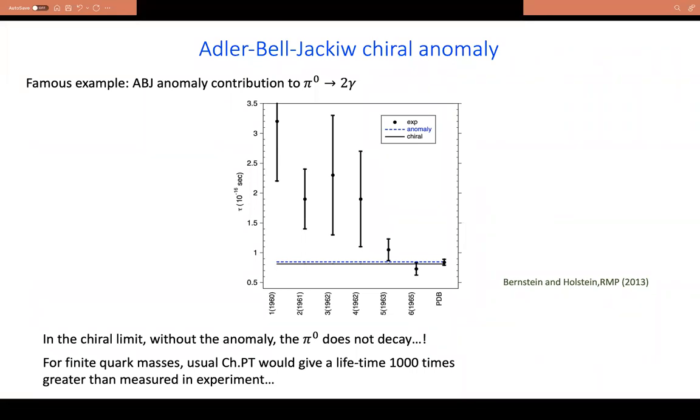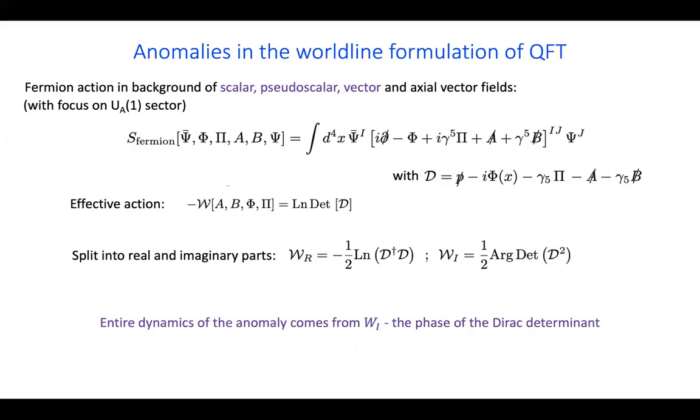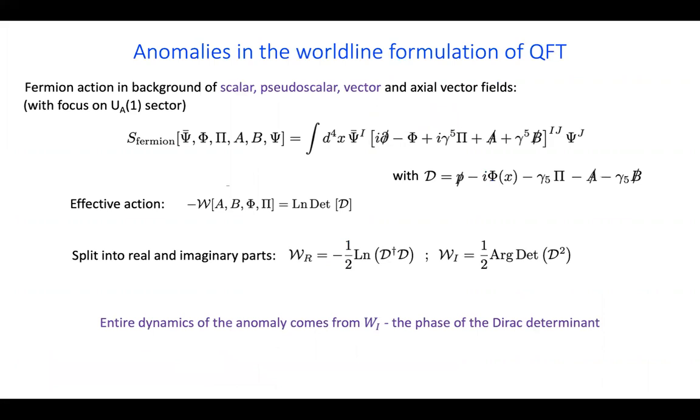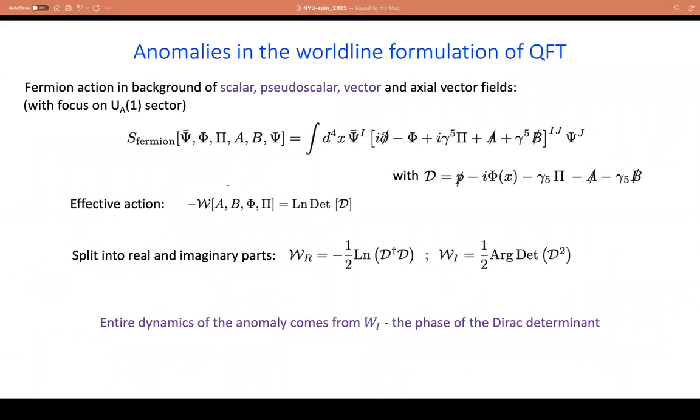And what I'm going to talk about is another reason why topology matters. But before we go there, I just want to talk about how one would think about anomalies in the worldline formulation of quantum field theory. And so the simplest way to think about this is you think about your fermion action. So here's your Dirac action, where you couple Dirac fields to scalars, pseudoscalars, gauge and axial vector fields as represented by this B slash.